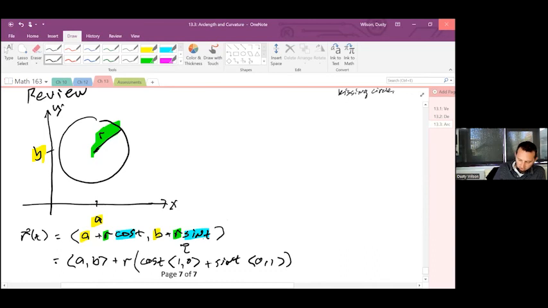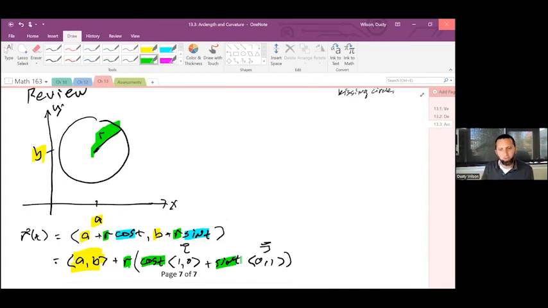Here's our i vector, and here's our j vector. Again, here's the (a, b), here's the r, and then our sine and cosine are showing up, but it's sine and cosine times this i, j, which are forming our standard basis vectors. Okay, so let's think about what happens when we work with our kissing circle.